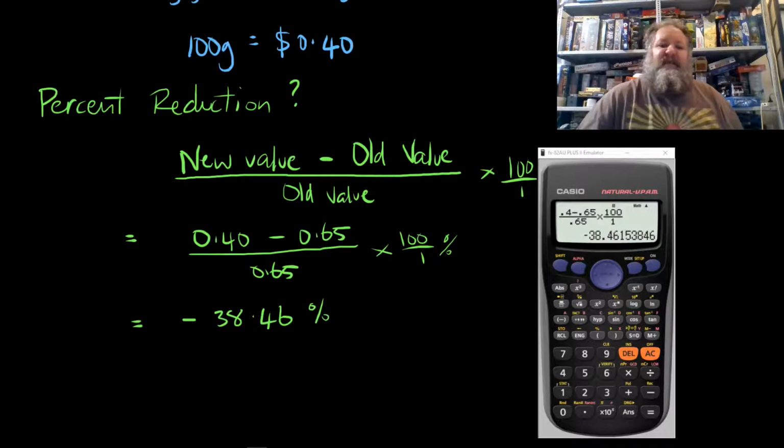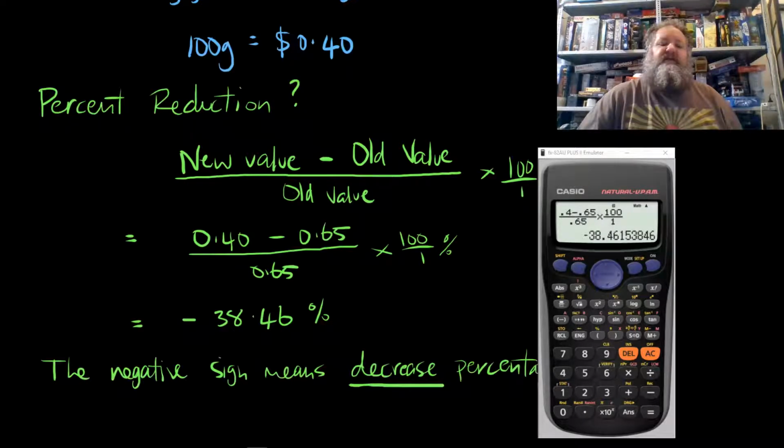Well, the negative sign there means that the price has been decreased by that percentage. So it's actually a 38.46% reduction in price. The negative sign means decreased. If there was no negative sign there, then it would mean it was an increase in price. Okay, so negative sign means decrease.